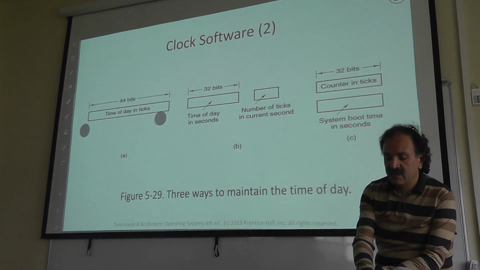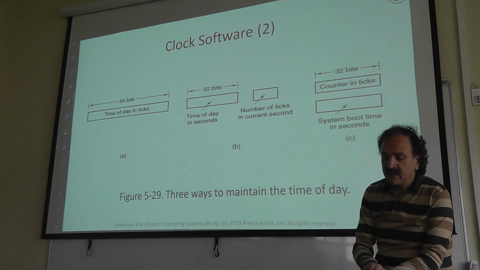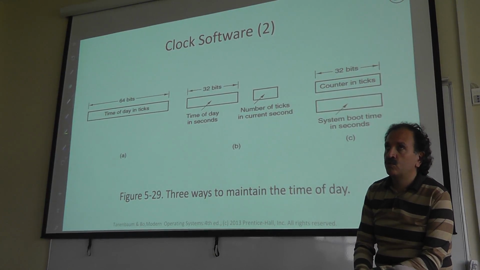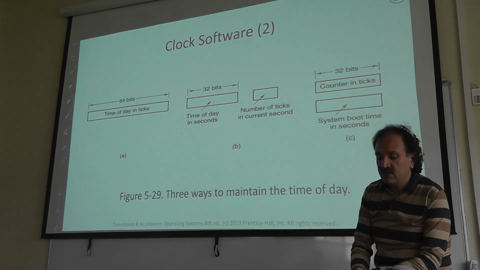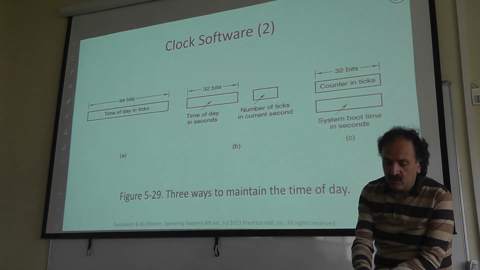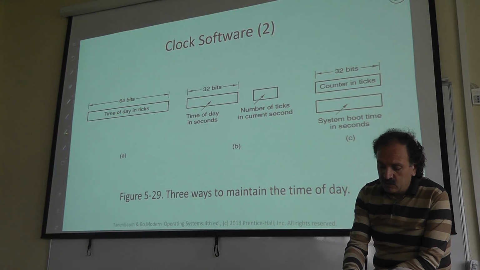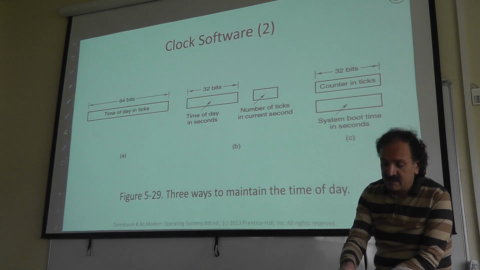But in this case, some computers don't have a 64-bit word. It might take time to update two 32-bit words for each interrupt. So some people don't prefer this one. Another solution, the second solution, would be this.